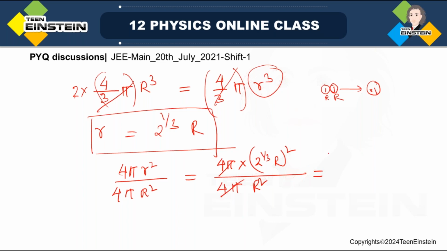So this cancels out. Let me just check once again whether I have written the options correctly. Yeah, these are 2 to the power 1/3 only.